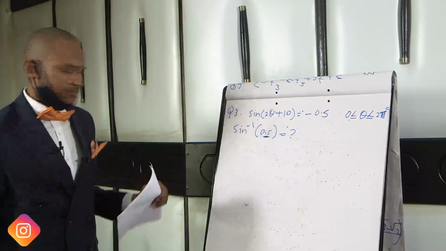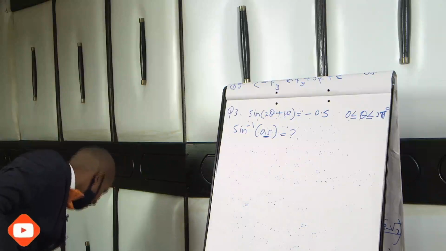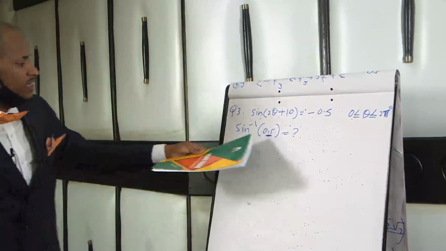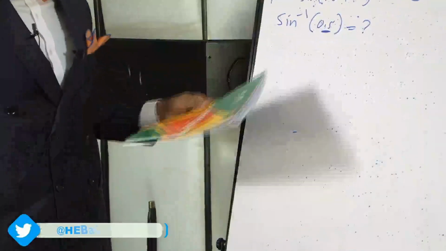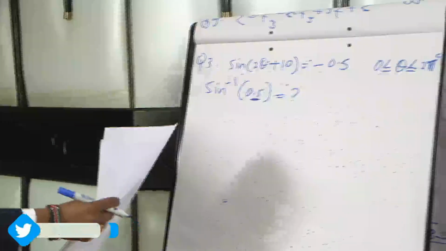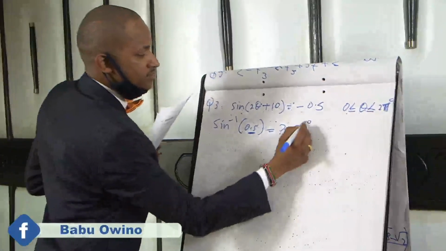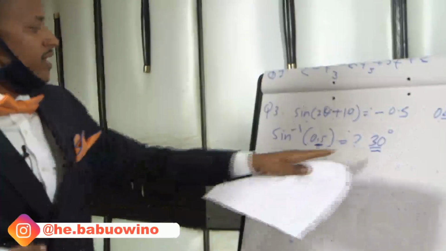From your 4-figure elementary mathematical table, or if you can get an angle from the calculator, the angle whose sine is 0.5 is 30 degrees. Therefore, the first thing we do is to identify all the quadrants where that angle lies.